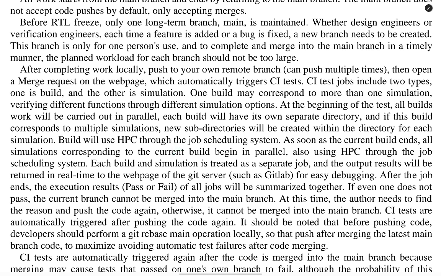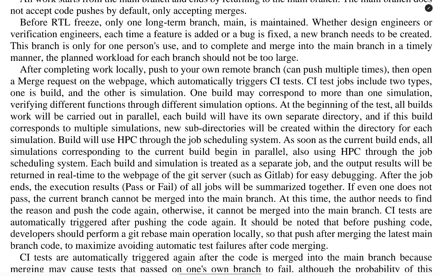As soon as the current build ends, the simulations corresponding to the current build begin in parallel, also using HPC through the job scheduling system. Each build and simulation is treated as a separate job, and the output result will be returned in real time to the web page of the Git server, such as GitLab, for easy debugging.